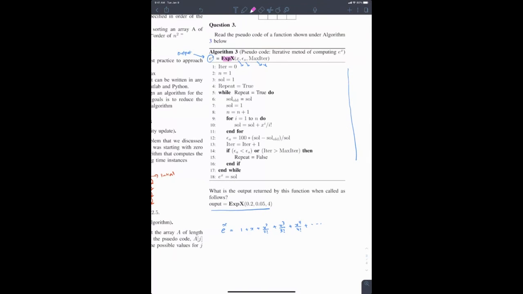So while repeat is equal to true, we are doing solve equation equal to 1. And then sol stands for solution. The solution is initiated as 1. And then we are increasing n for i is equal to 1 to n. So sol is sol plus x^i over i factorial.